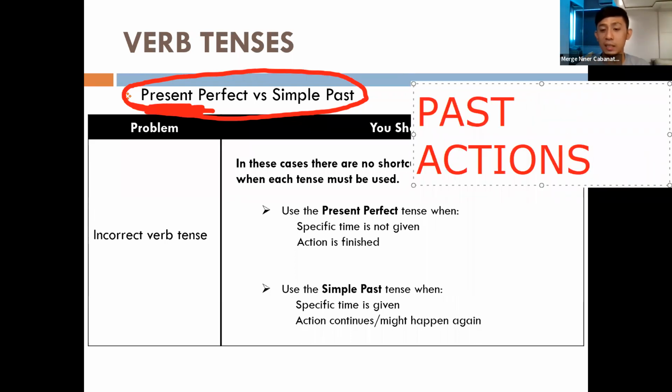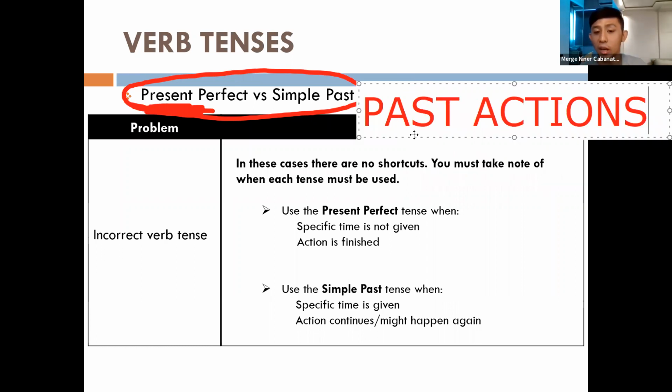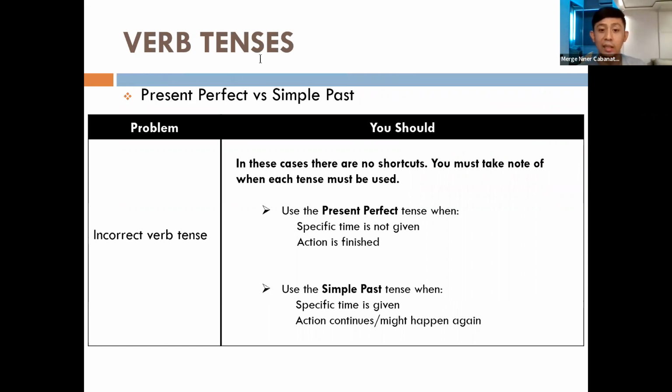So may kinalaman siya sa nakaraan. Mga bagay na tapos na. Nakaraan. Alright? But the difference is, listen carefully. The difference is yung present perfect, hindi ibinibigay yung time. Si simple past, ibinibigay yung time.